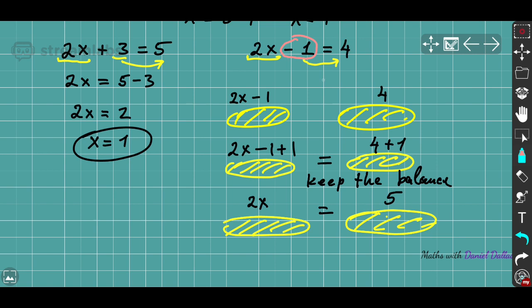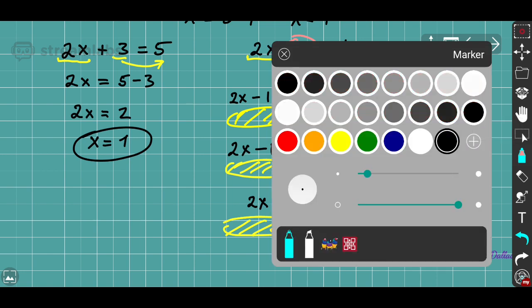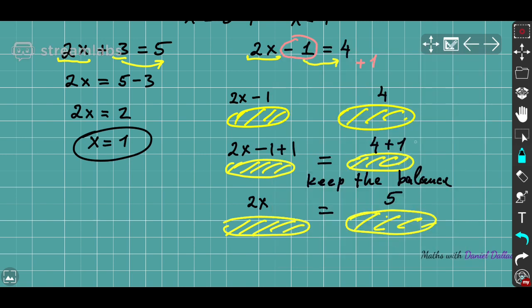So you take away -1, and technically that means when you transfer to the right side, you need to change the sign to the opposite. So if you transfer, you will have +1 instead on the right side, okay? That's what we did here. We killed the 1, so that we are left with 2x, and on the right side we have 4 plus 1, which is 5, okay?